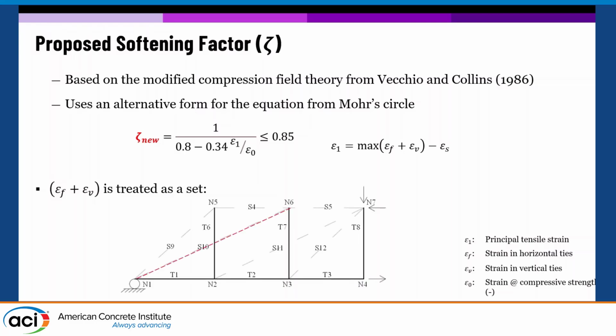So if we are calculating the softening factor for S10, we use either the T1 and T6 members and the strains in them, or T7 and T2, and we use the larger one to calculate the softening factor. So this is what we did. Remember, we have those strains. If the designer doesn't have the strains, the other formula was for design purposes. But we have a program that calculates the strains in the analysis.